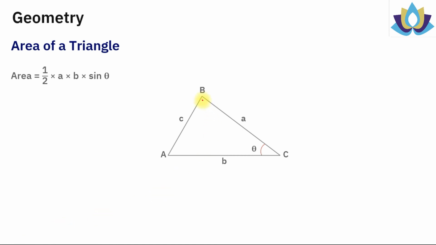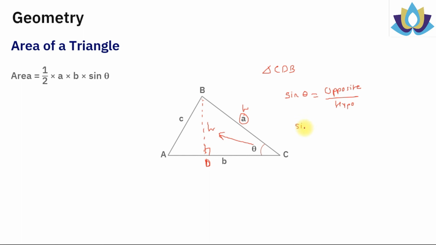I'll clear up what exactly this is. If I draw one height here, this is the side in front of theta, and if I write D here, then in triangle CDB, BD is the height and this is going to be the hypotenuse. The definition of sine theta is the opposite side upon the hypotenuse.